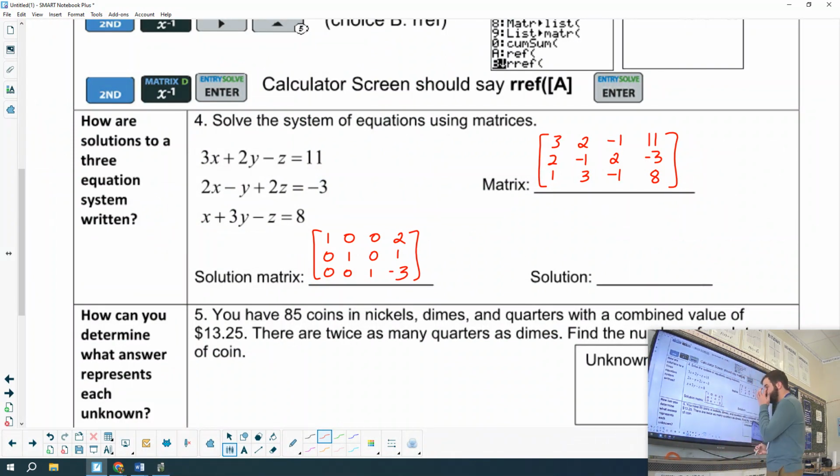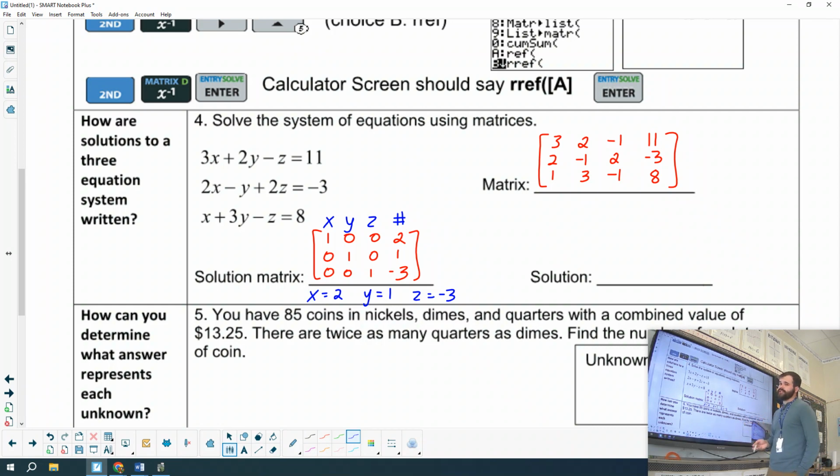Remember what this means. This is my x, this is my y, this is my z, this is my whole number. So that means my x equals 2, my y equals 1, and my z equals negative 3. All right, so there are our answers.